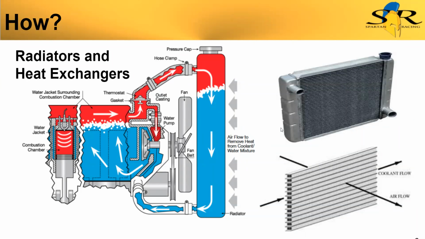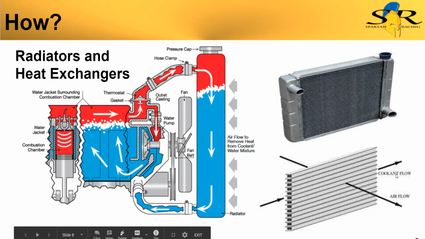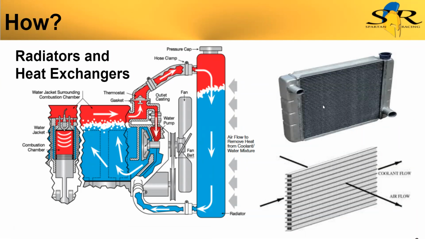So once there's radiators and heat exchangers that the fluid is pumped through, and air flows in one direction and coolant flows across in the other direction in tubes. They add fins to increase the surface area that the air flows across, because air is not a very good conductor and does not have a relatively high heat capacity.